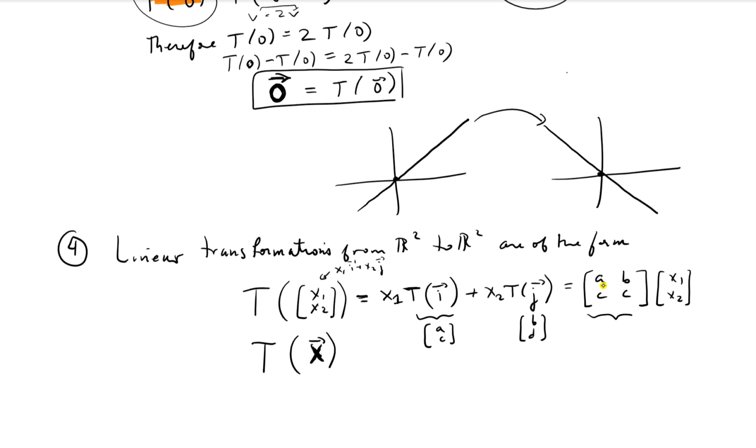In other words, I can write this as some matrix A times vector x. So all linear transformations from R2 to R2 will be of the form A times x, some matrix times the vector x. In fact, all linear transformations, no matter what the spaces are, are going to be of this form.